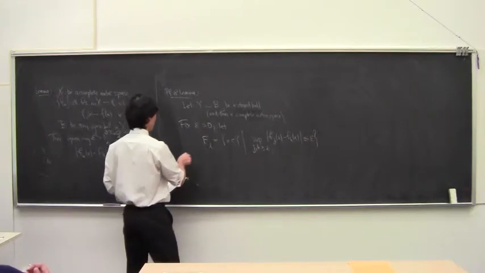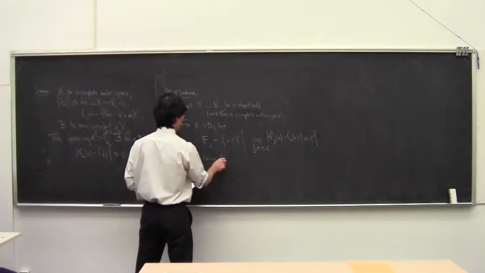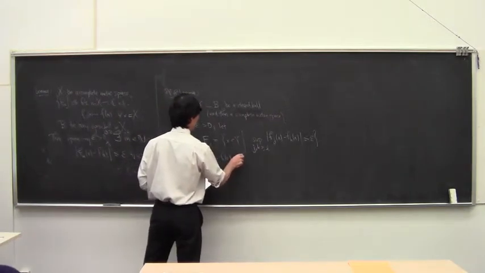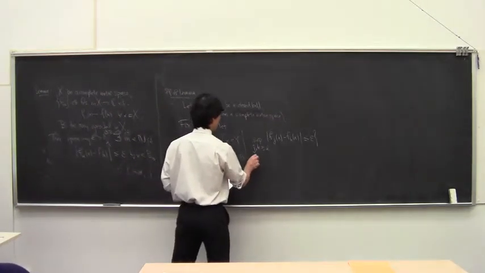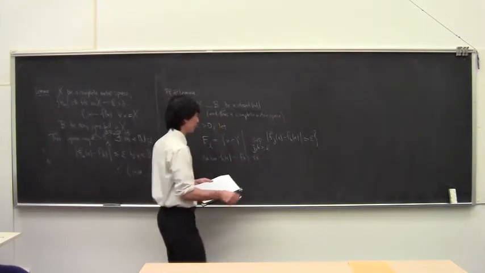Right. So we have f_n(x) going to f(x) for all x in Y.